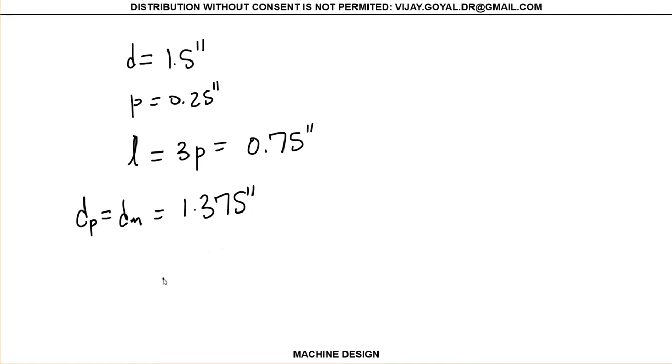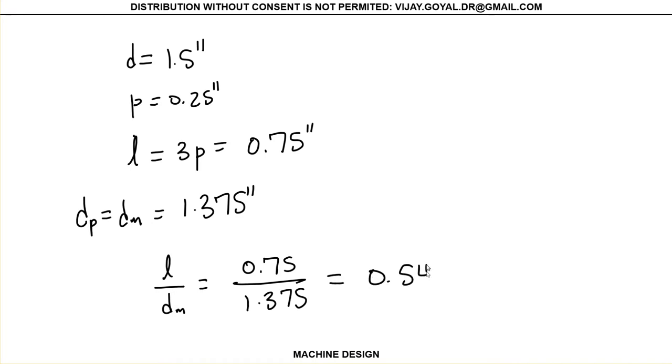And if I check this condition now, L over dm, that gives me 0.75 divided by 1.375. This gives me 0.545. This is bigger than 0.504. So therefore, this is completely acceptable.